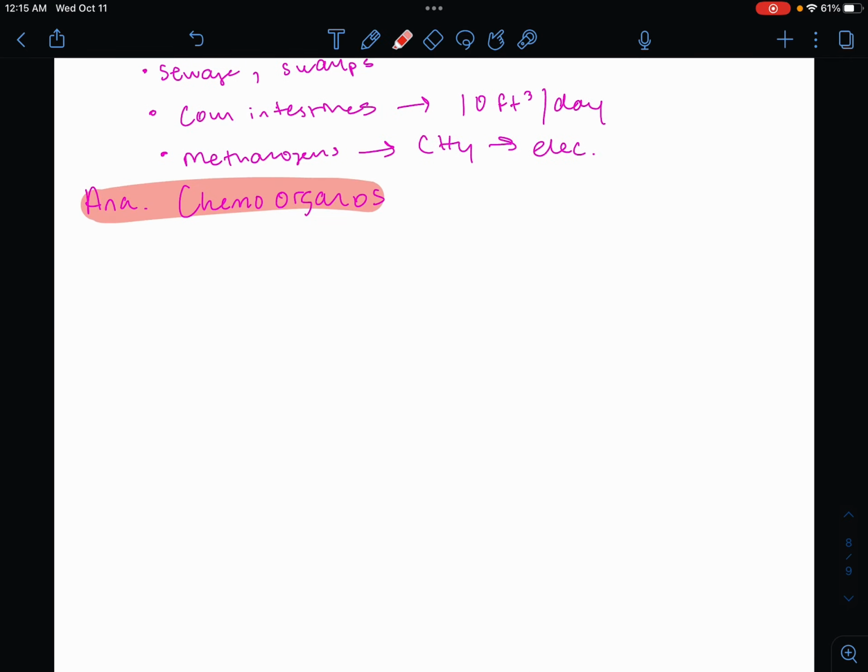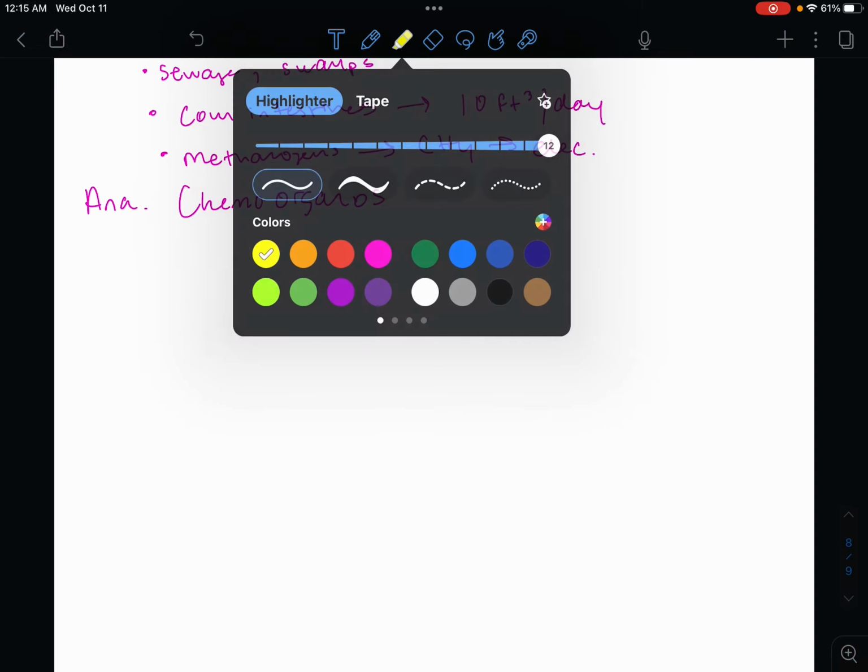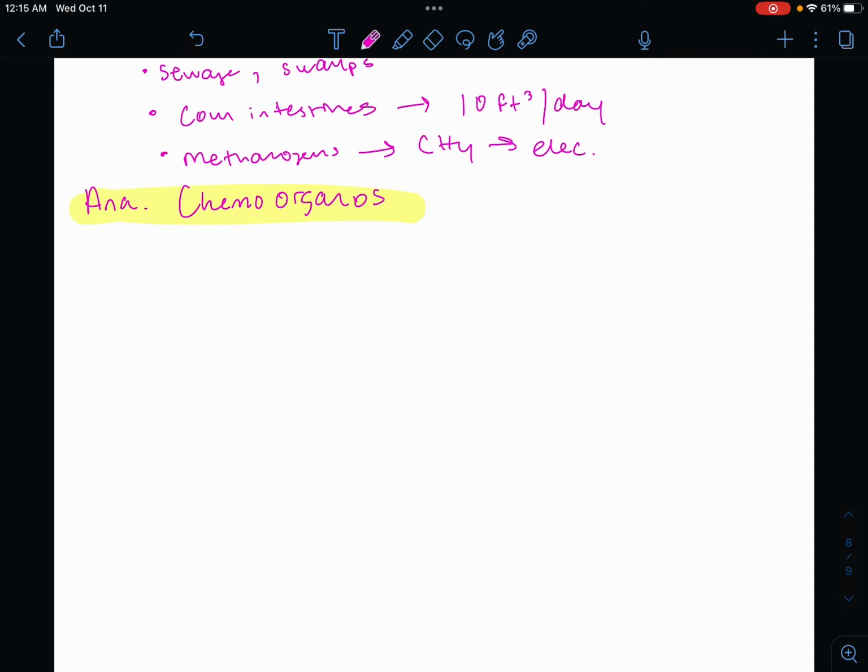We're going to be looking at their respiration first. So respiration. And again, we're going to oxidize organic compounds to help produce energy, or ATP.